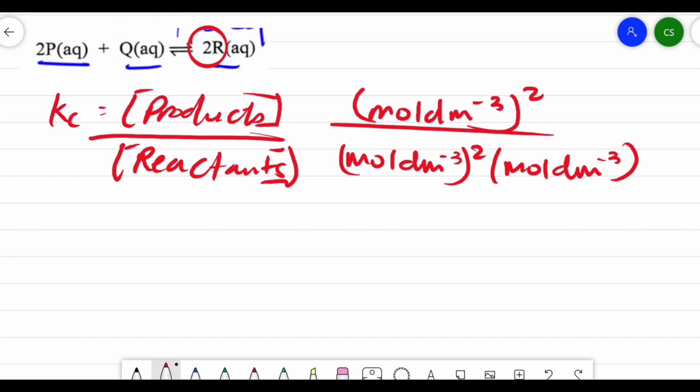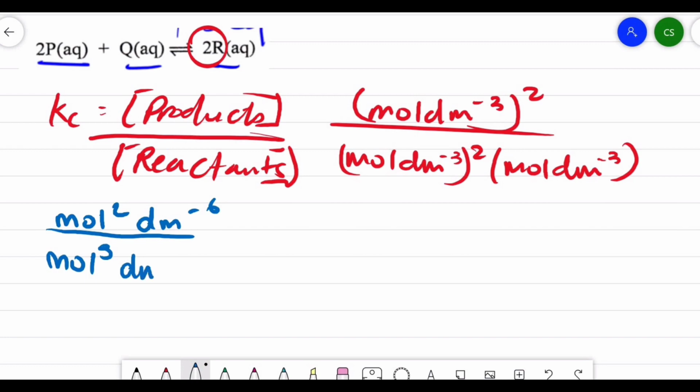Okay, and if you actually write that out by removing the squares and using the expanded variables, you would have mole squared dm to the minus 6, all over mole cubed times dm to the minus 9.